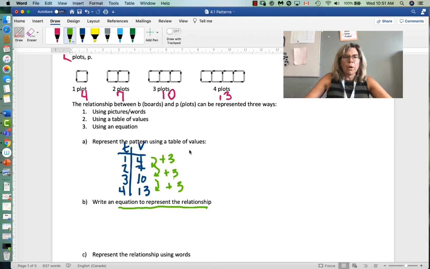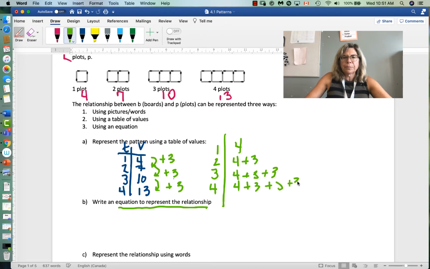Well, you could say term 1 is 4, term 2 is 4 plus 3, because that's 7, right? Term 3 is 4 plus 3 plus 3. Term 4 is 4 plus 3 plus 3 plus 3.